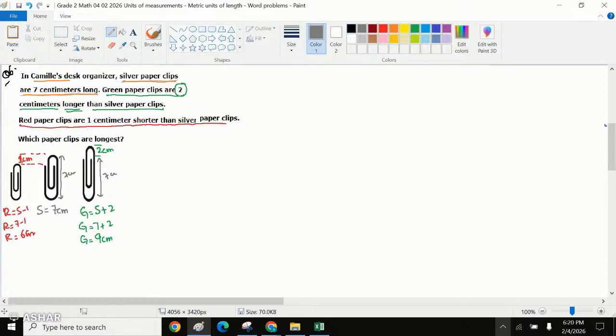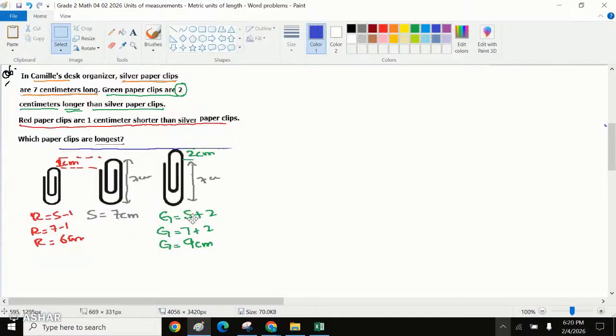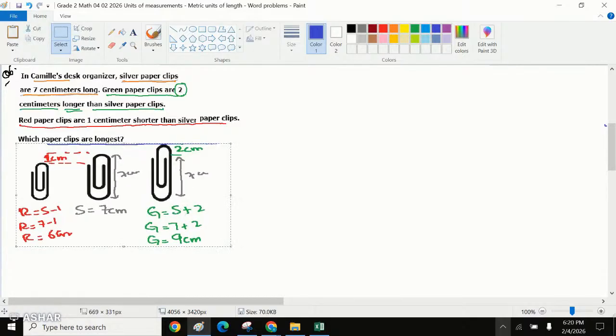The question is asking us, which paper clip is the longest? Since we've already found the lengths of these paper clips, we just need to find which one is the longest.